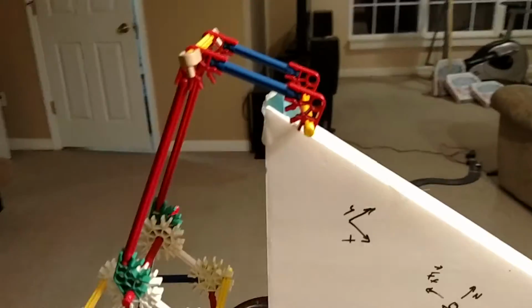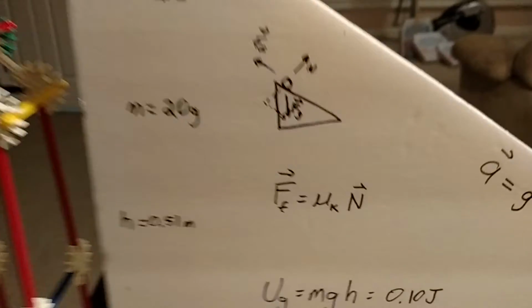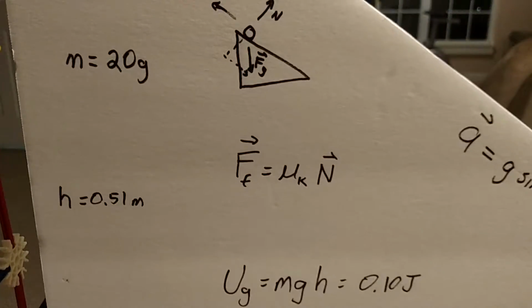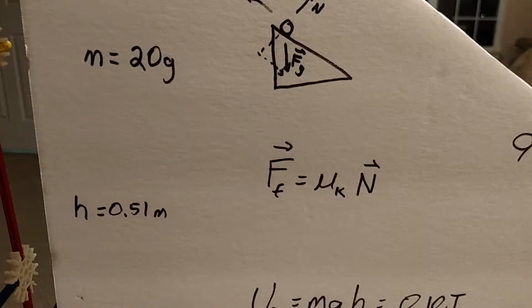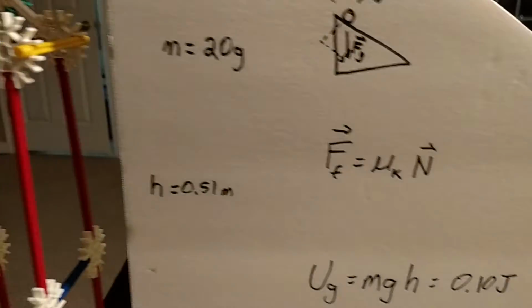When the marble is moving, you're also going to have the force of friction, and that's going to be kinetic friction, which is opposite its direction. And we could look at all those forces. The force of friction is equal to the coefficient of kinetic friction times the normal force.